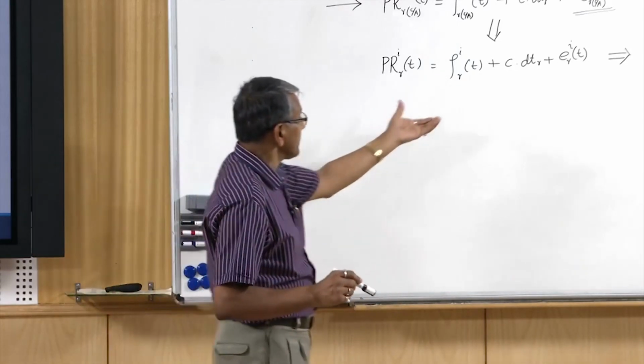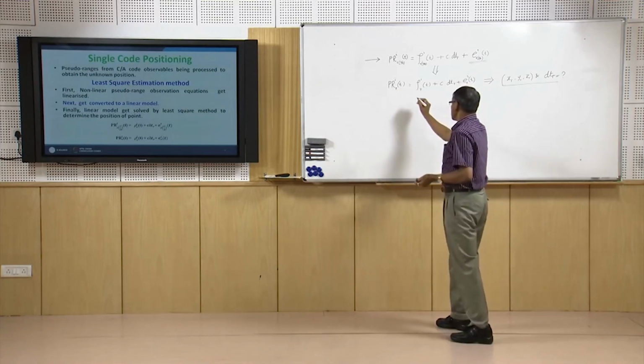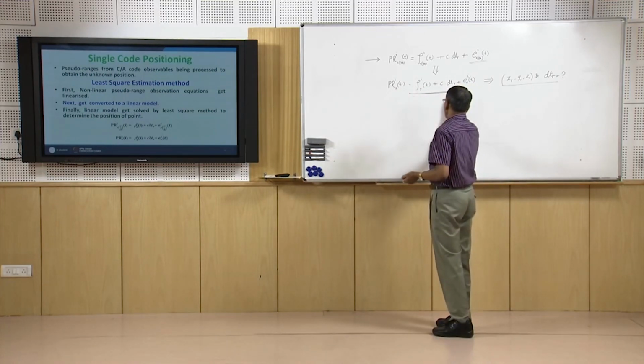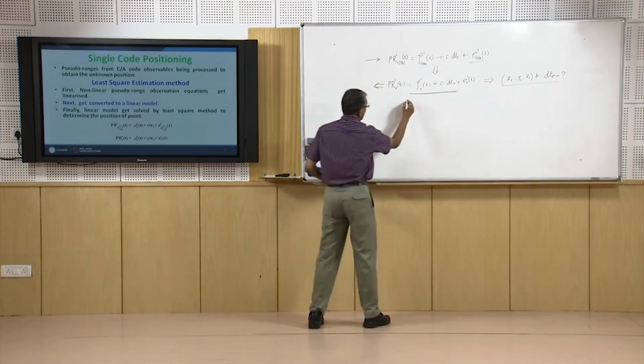Now, in the least square method of analysis, this pseudo range observable is actually non-linear.